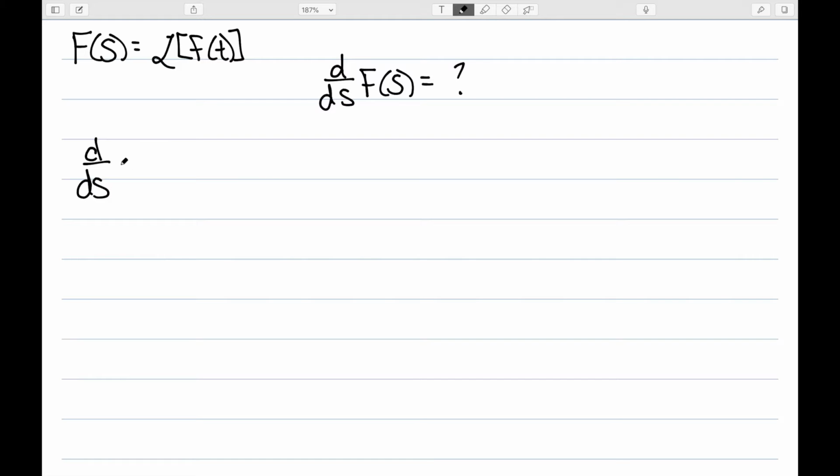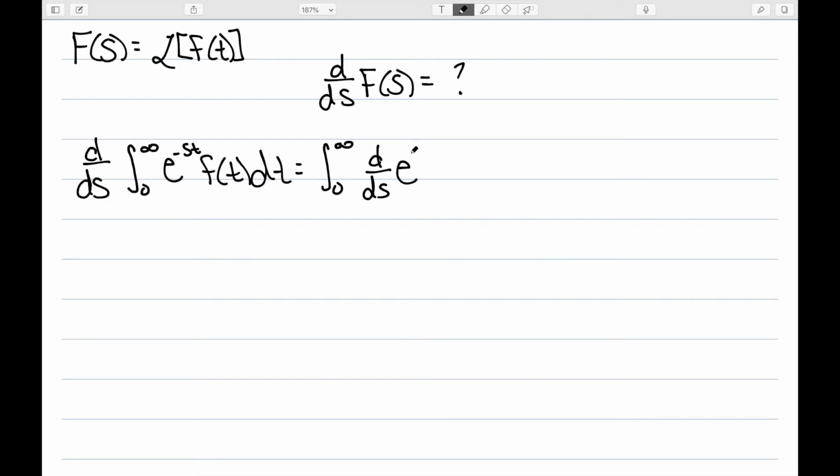We need the derivative of the transform, which is the integral from 0 to infinity, e to the minus st f of t dt. Since this derivative is not with respect to t, it's with respect to s, and my integral is with respect to t, I can move it inside the integral. So I have the integral from 0 to infinity of d/ds e to the minus st f of t dt.